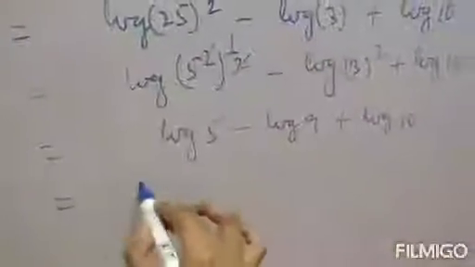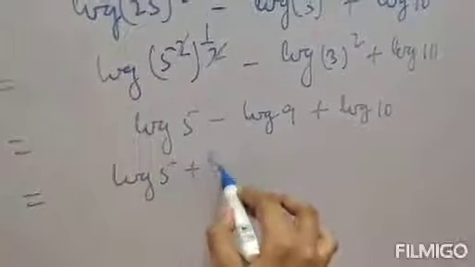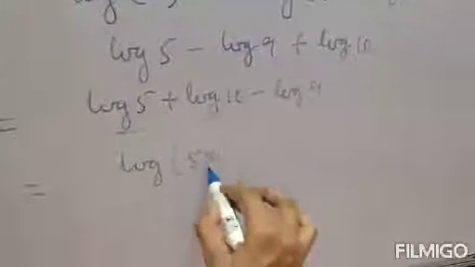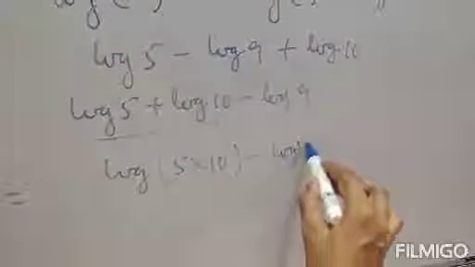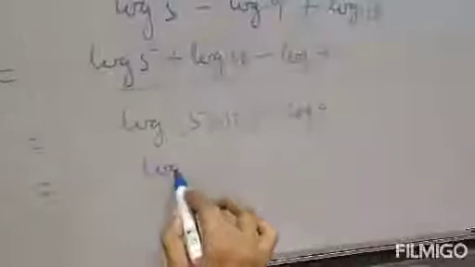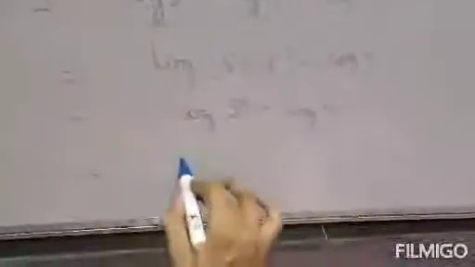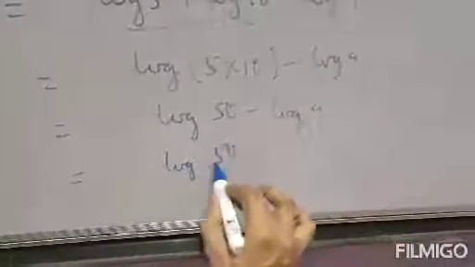Now separate the plus terms: log 5 plus log 10 minus log 9. Just apply the product law, that is log of 5 into 10 minus log 9, that means log 50 minus log 9. So apply the quotient law, and the answer is log 50 by 9. Clear? This is the answer. Next.